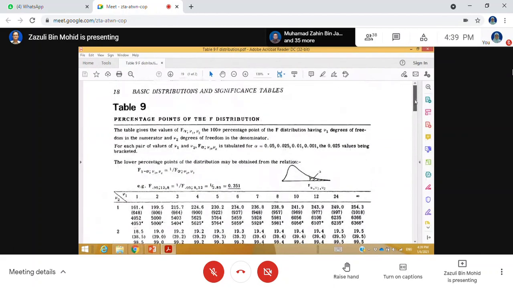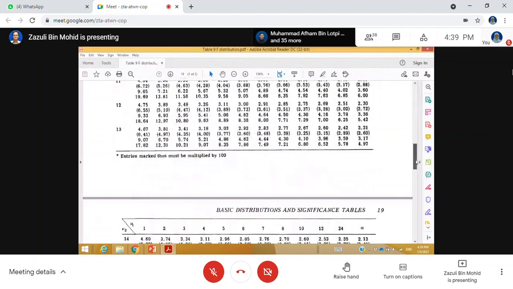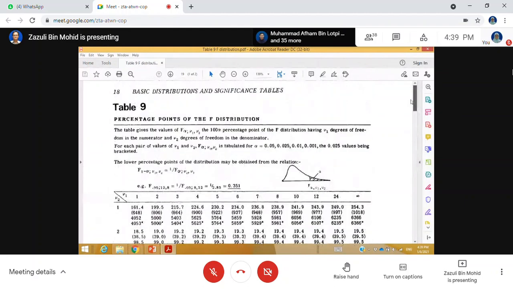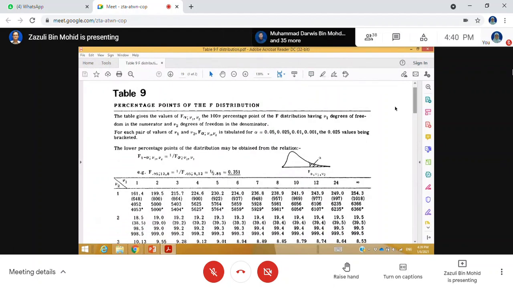So table 9, actually in the statistics books produced by Murdoch. Okay, so just look on table 9. We have here F alpha, v1, v2.